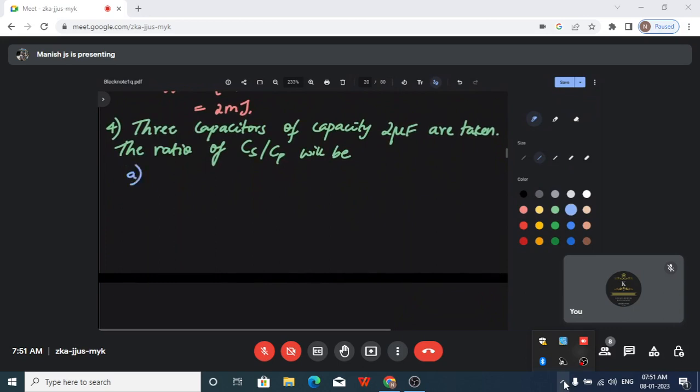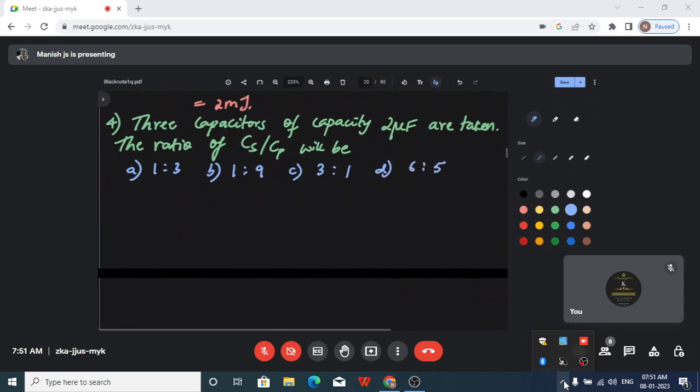Option A, 1:3. Option B, 1:9. Option C, 3:1. Option D, 6:5. Try this. Three capacitors of capacity 2 microfarads are taken. What is the ratio of series to parallel capacitance is what they are asking.